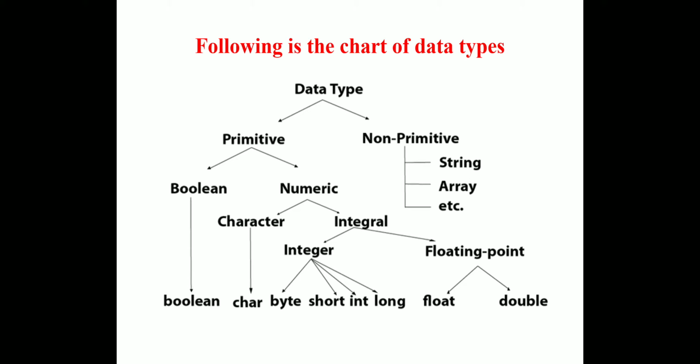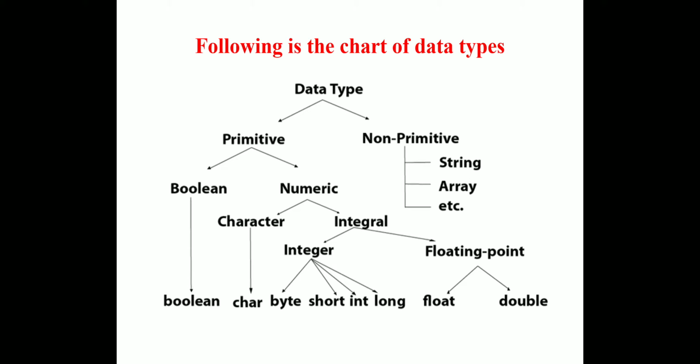First one is character. Second one is integral. In character data type, char data type. In integral data type, there are two types. First one is integer. Second one is floating point.